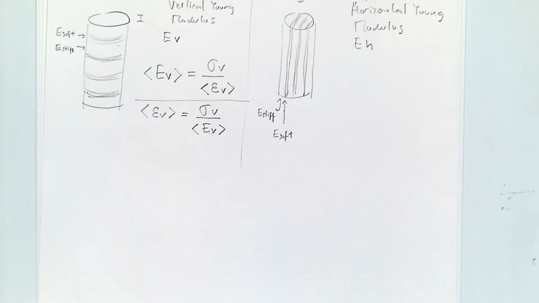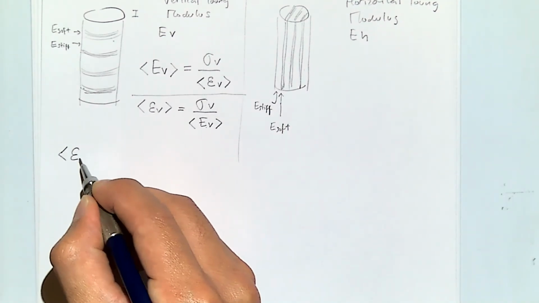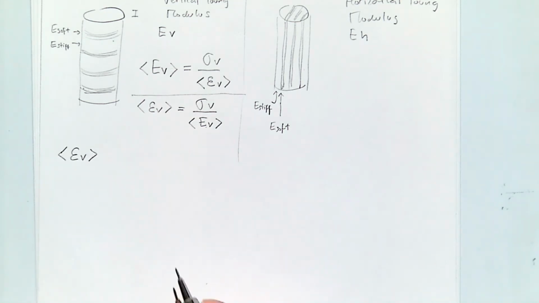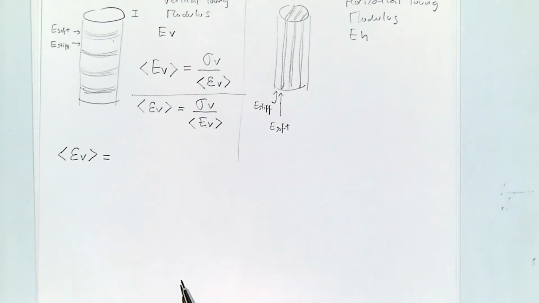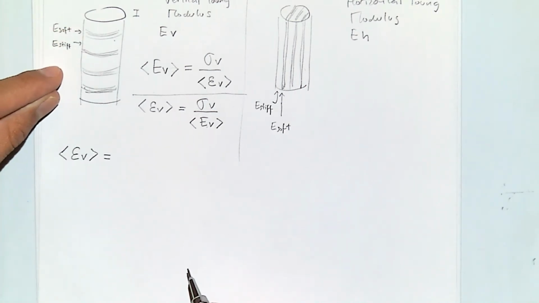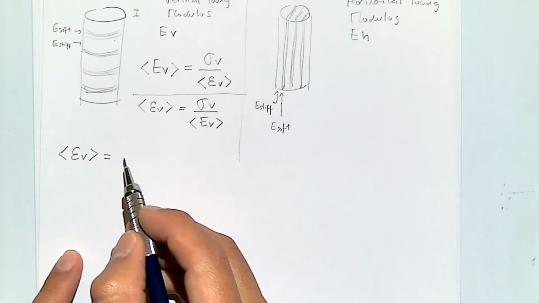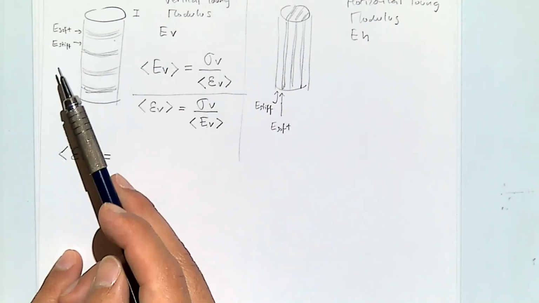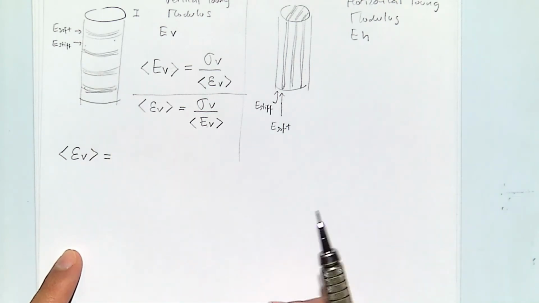All right. So what we're going to do then is calculate what is this total strain. As we said, the strain is going to be equal to the total deformation, and the total deformation is going to be a summation of the deformation of the stiff part plus the deformation of the soft part.